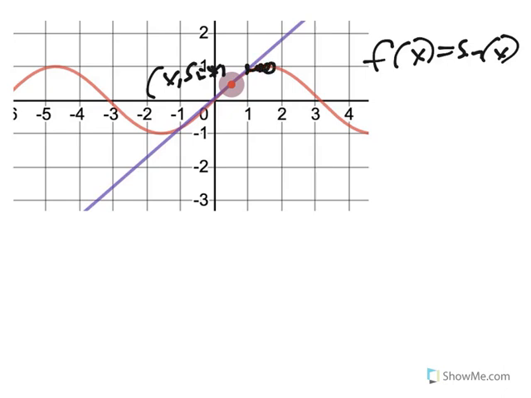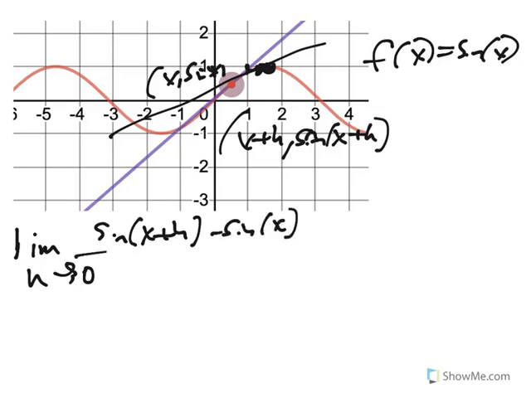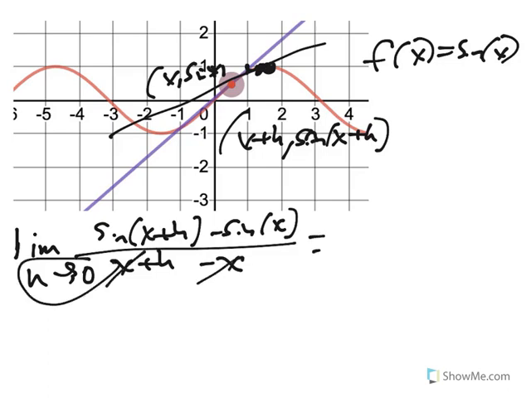And the point near it, that point is on the red curve, is x plus h comma sine x plus h, which makes the slope of the secant line in terms of h sine x plus h minus sine x over x plus h minus x. As h goes to 0, well, these x's cancel out.